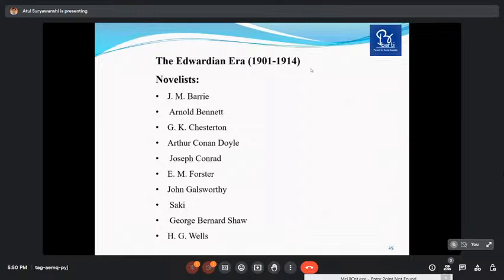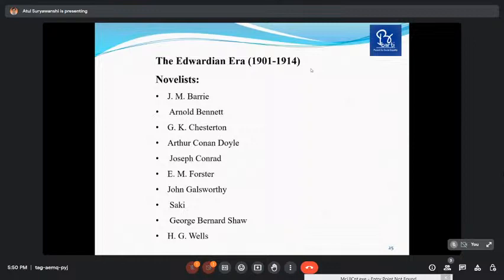Then Arnold Bennett, G.K. Chesterton, Sir Arthur Conan Doyle, the detective writer of Sherlock Holmes. The next is Joseph Conrad, widely famous for his prominent novel, Heart of Darkness.